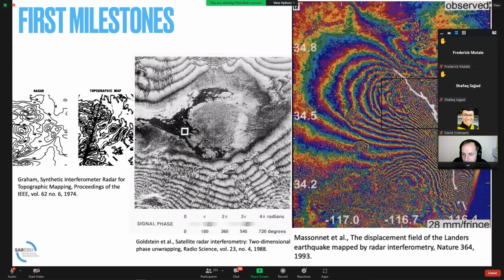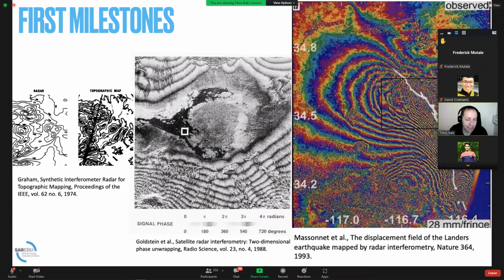These phase difference lines are called fringes. And I think they basically saw on the radar image that it looks very similar to a topographic map. So there was the first way of thinking that we could maybe use that to create DEMs. And this comparison of fringes with a DEM I will also use to explain some of these phenomena.